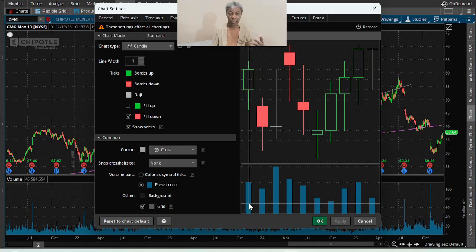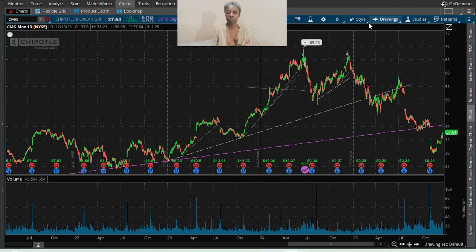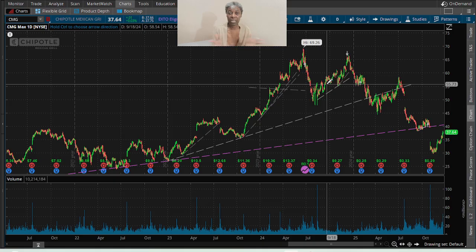So it's there. But I don't use the volume because I'm trading large cap stocks. That is the type of candlestick chart that I use. That way I can see all the different colors. And frankly, those are the only features that I found useful. Not useful, but important to use.